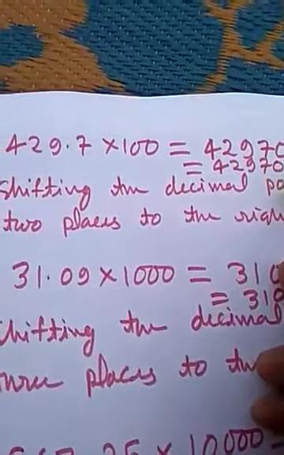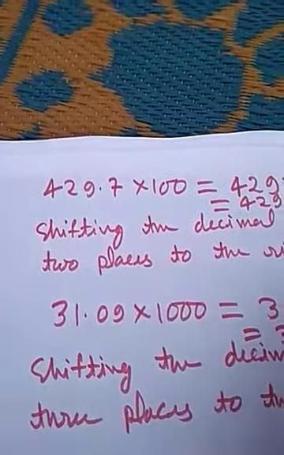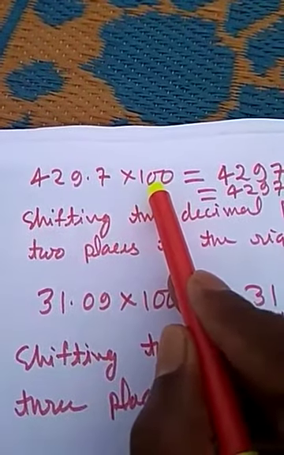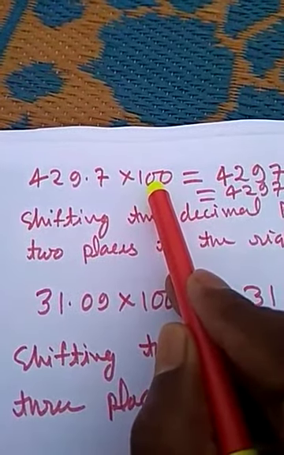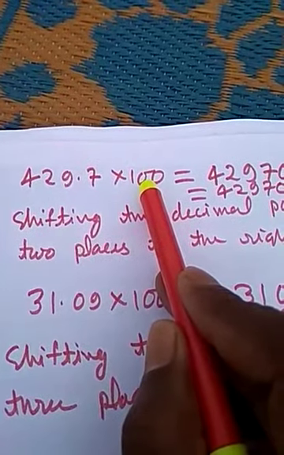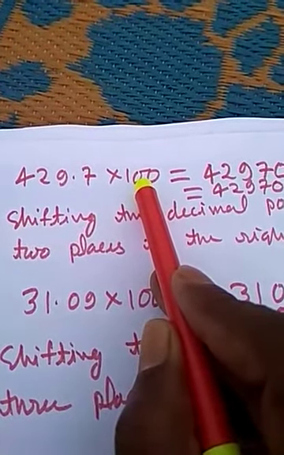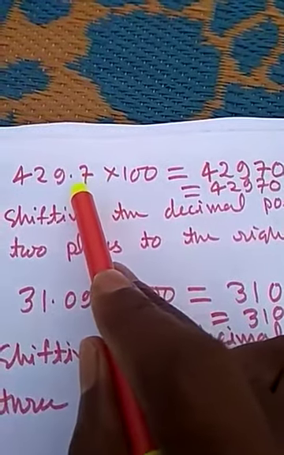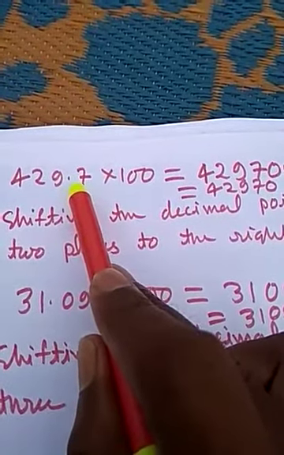So here that is equal to 42970.0. Here we can also say that when we have to multiply any decimal number by 100, then we shall shift the decimal point two digits to the right side.